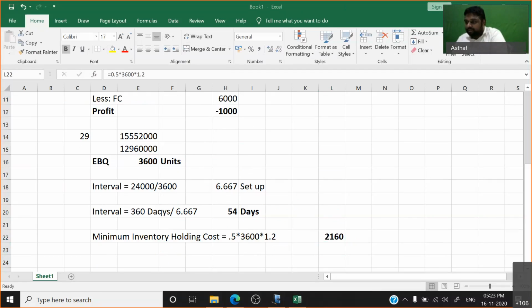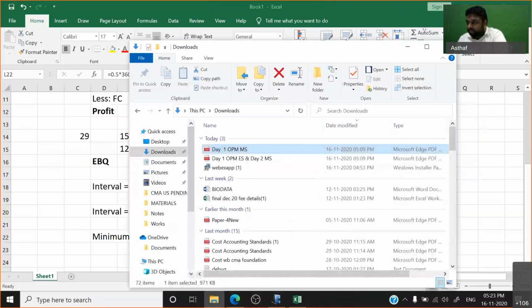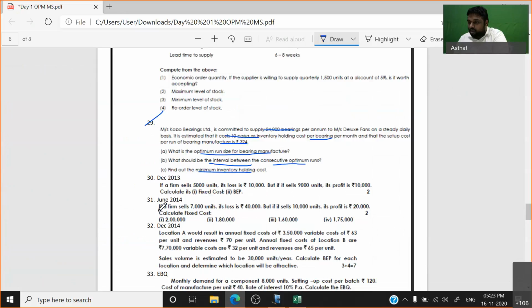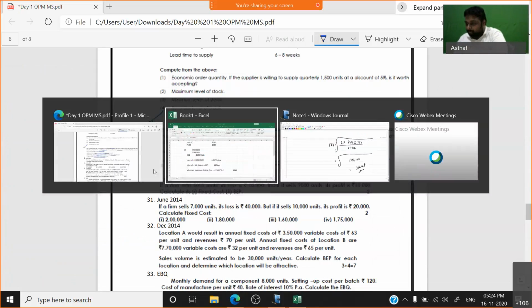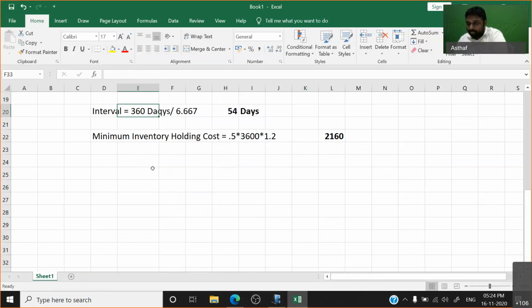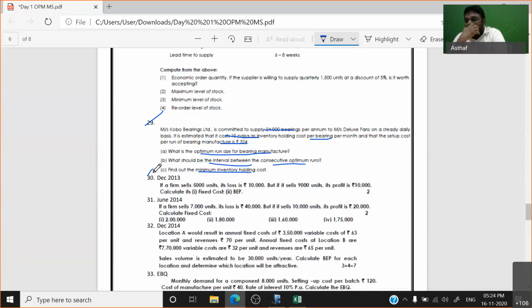Now how will we proceed? Next question, very interesting, one of the previous year questions. Question number 30, if you are able to understand it, 31 you will solve. So what is question number 30?